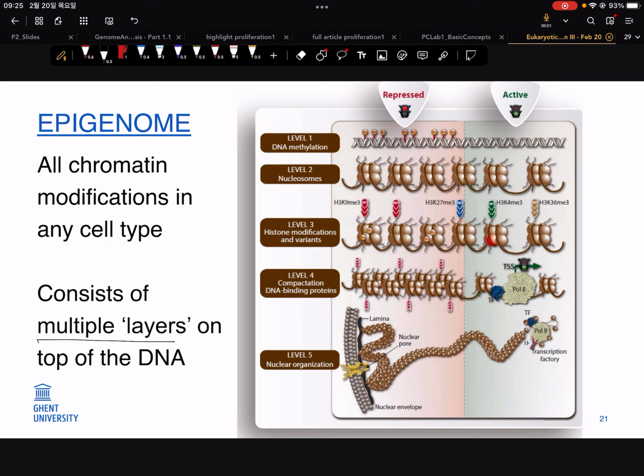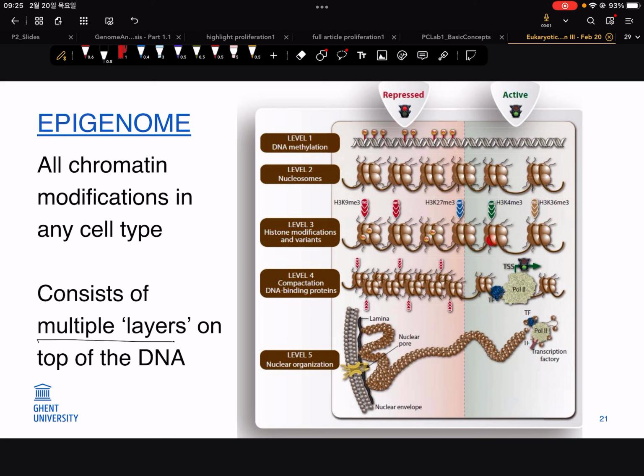And of course, this is also helping structure the epigenome, because this histone code attracts certain proteins, like those chromodomain proteins, HP1 that I described, that are helping to compact the DNA.